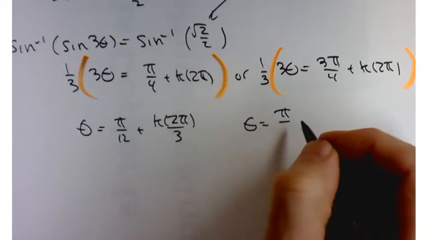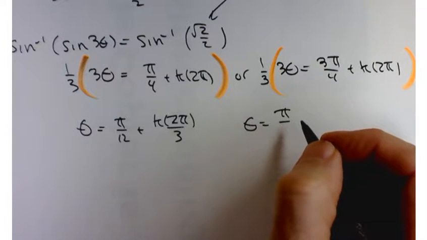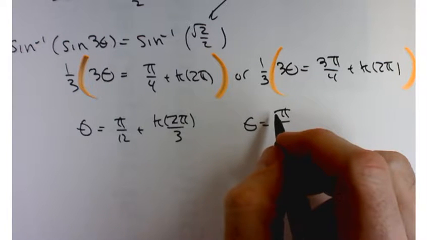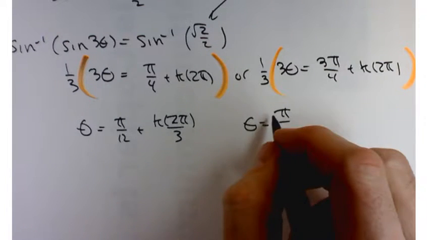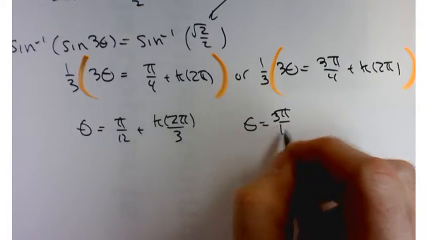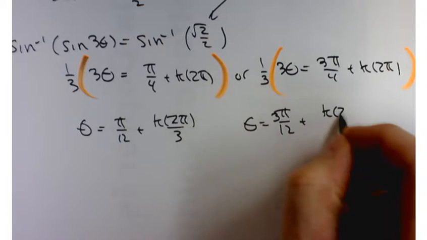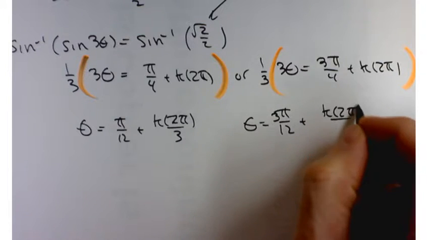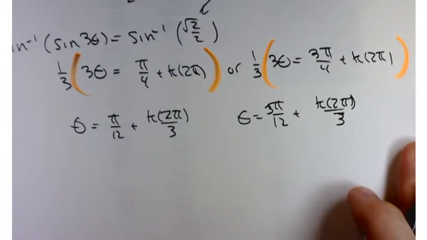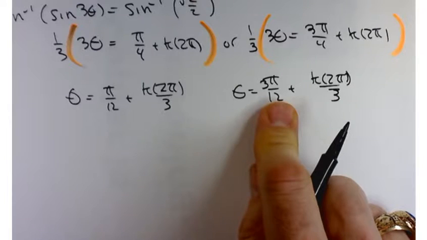Maybe I should leave it as 3 pi over 12 plus k times 2 pi over 3. Yeah, I don't see any reason not to reduce it here.